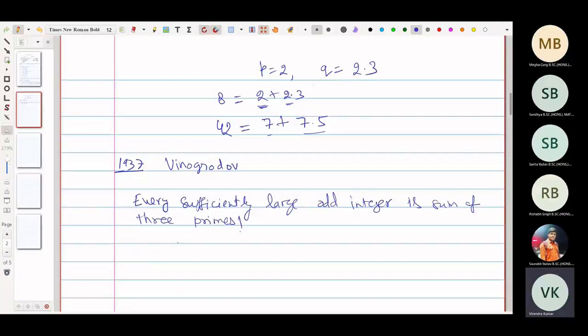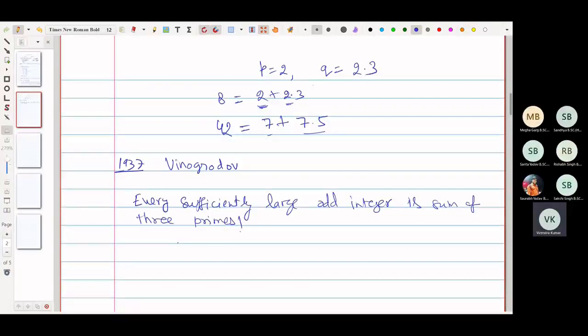So he's talking about the representation of odd integers, and he's saying that every sufficiently large odd integer is the sum of three primes. If he can write an odd integer as a sum of three primes, suppose p, q, and r, then when will this odd become even, do you have any idea what we should do?